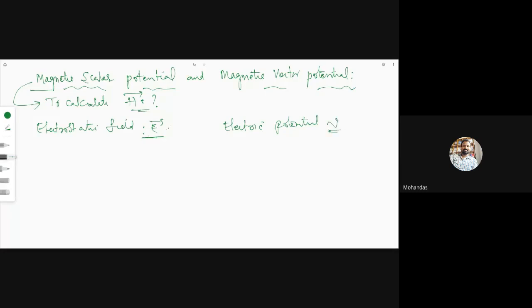What is the relation between E and V? Please, anybody can respond. What is the relation between E and V? Are you there? I think you didn't join.